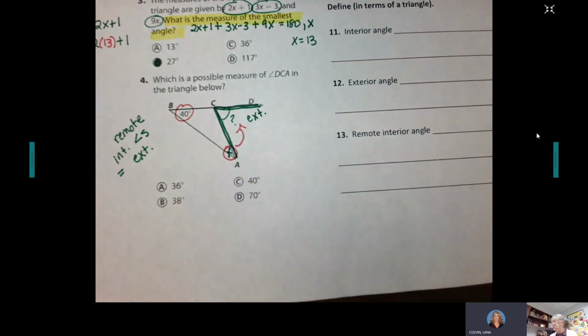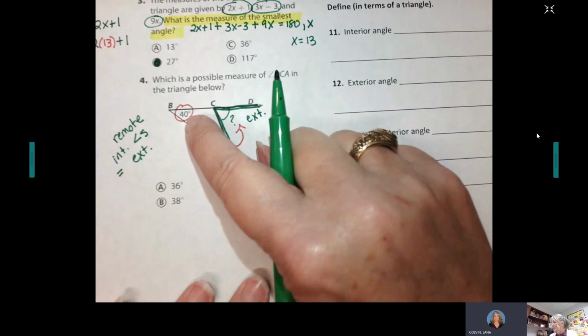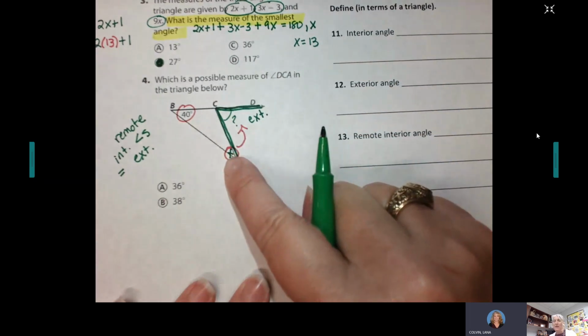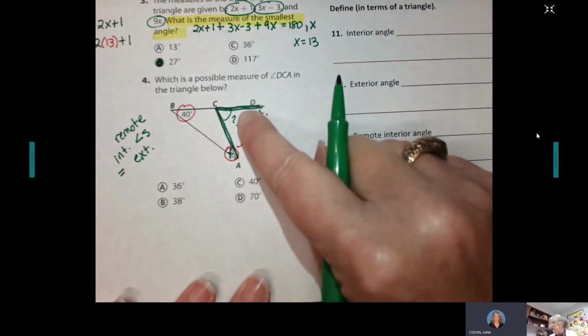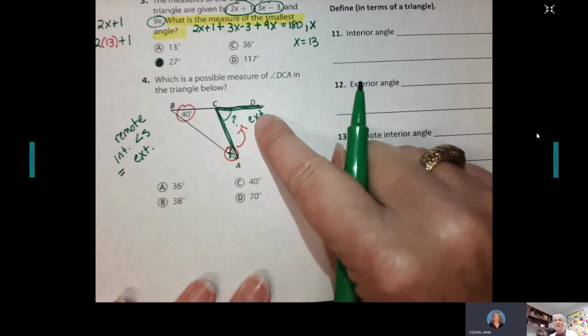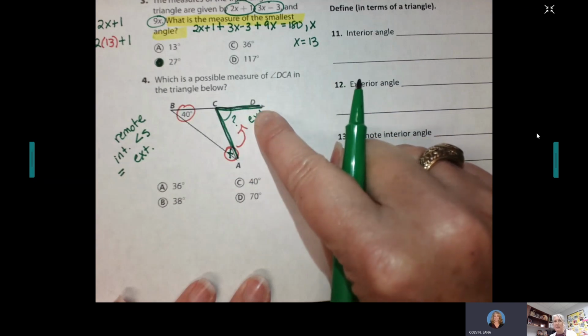There's only one that makes sense. Which one is it? I'm adding 40 plus some number that I don't know to get this angle out here. They're asking me what this angle could possibly be.